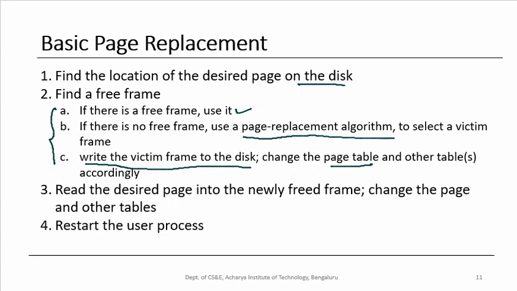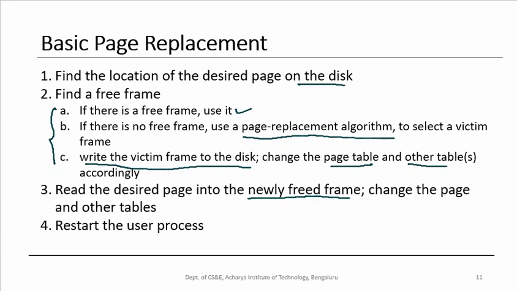You can also make the changes to other tables, such as the table which is keeping track of how many frames or free frames are available in the main memory. After that, read the desired page, that is the page which is now wanted by the central processing unit, into the newly freed frame.